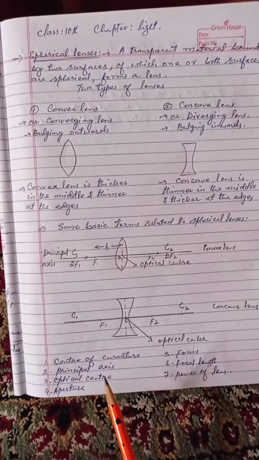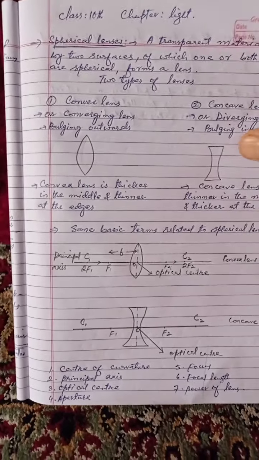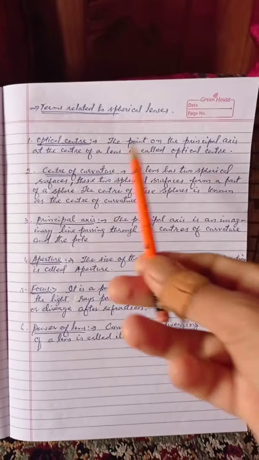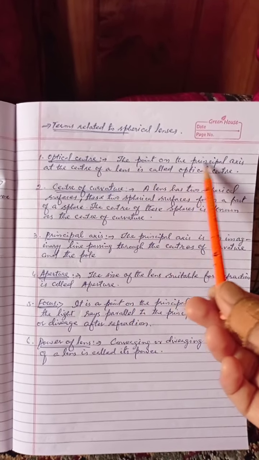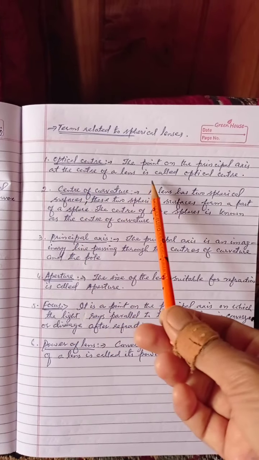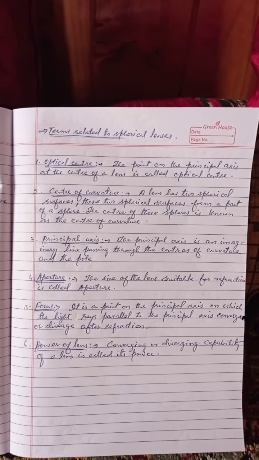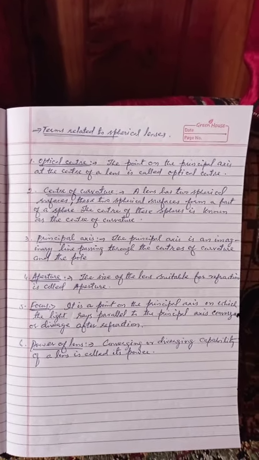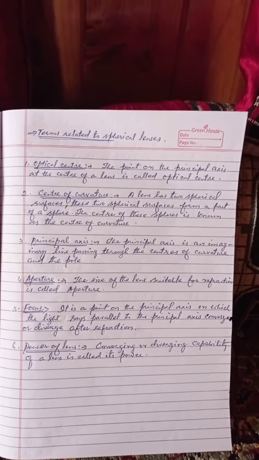Now the terms that are associated with these lenses, like here, optical center. The point on the principal axis at the center of a lens is called its optical center. So what's optical center? Basically, optical center is the center point of the lens, that's termed as optical center.